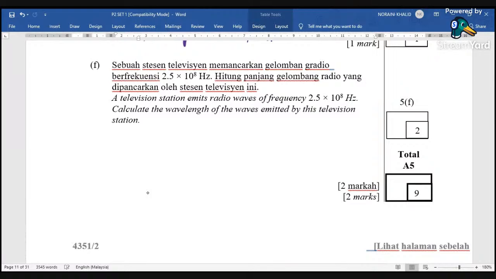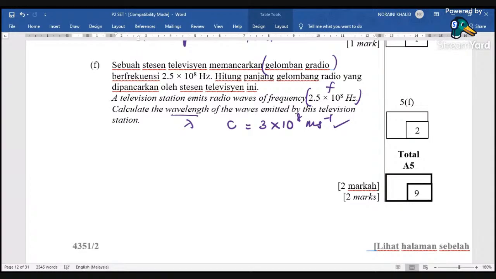F. A television station emits radio wave of the frequency given. Calculate the wavelength lambda emitted by this television station. As we know, it uses microwave in this case, or radio wave, for telecommunication. All these electromagnetic waves travel at the speed of light, c equals 3 times 10 to the power of 8. You can refer to the list of formulae for the value of the speed of light.